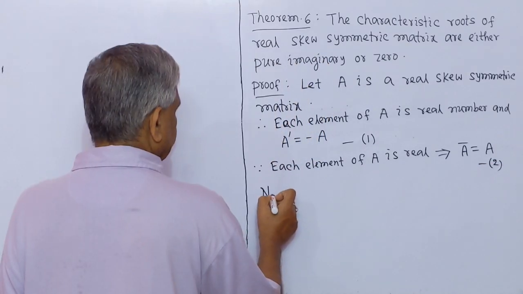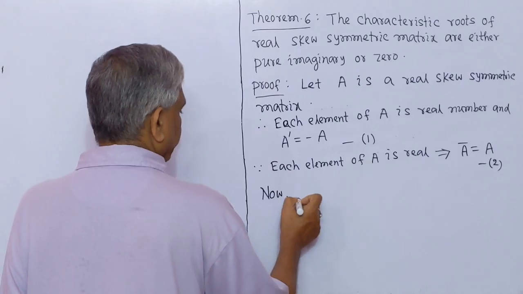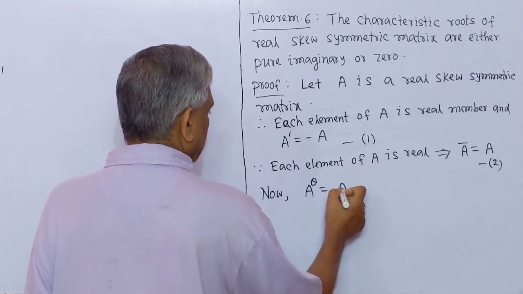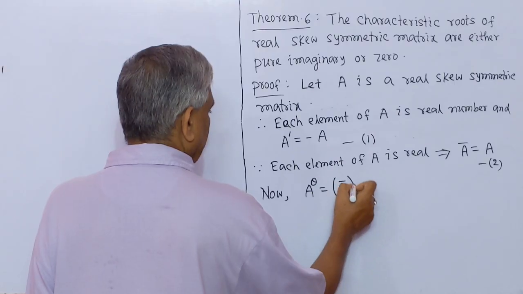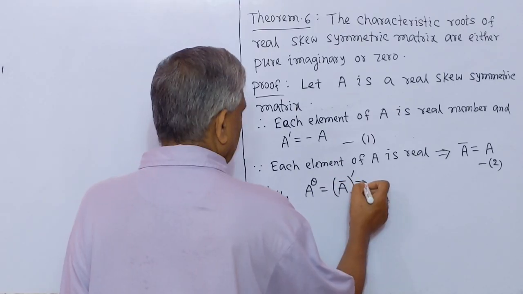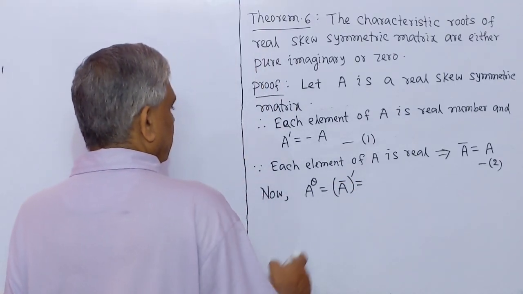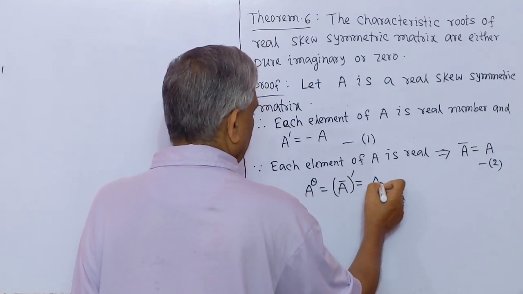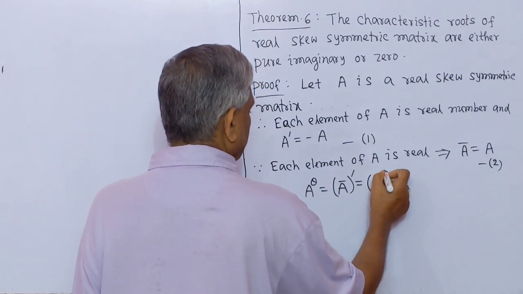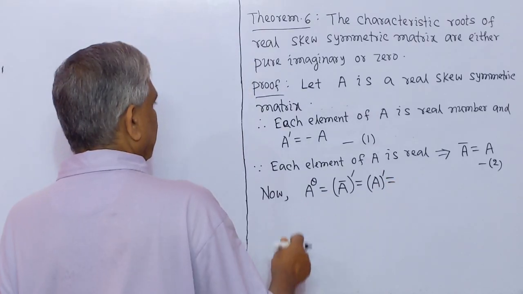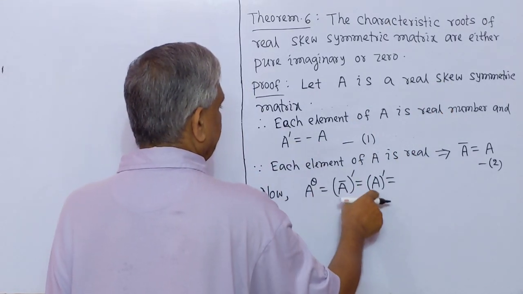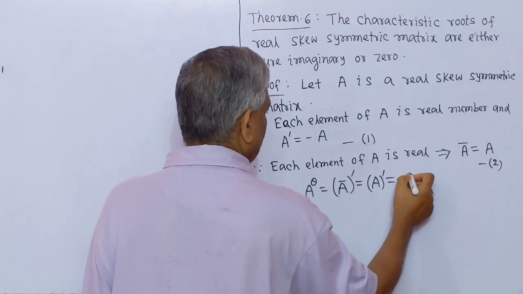Now A^θ = the conjugate of A, transposed, and this conjugate of A is A, so it is A transpose, and A is skew-symmetric, so A transpose = -A.